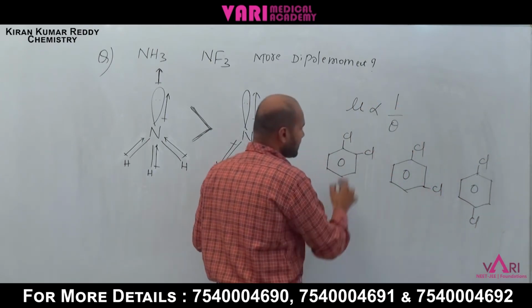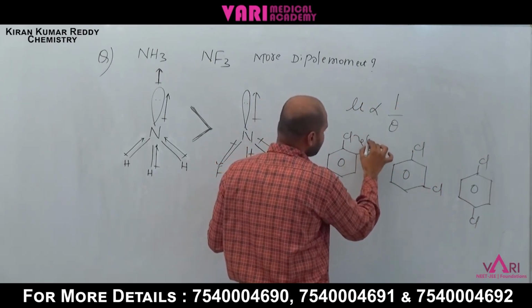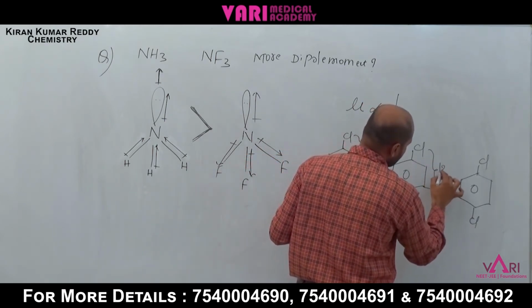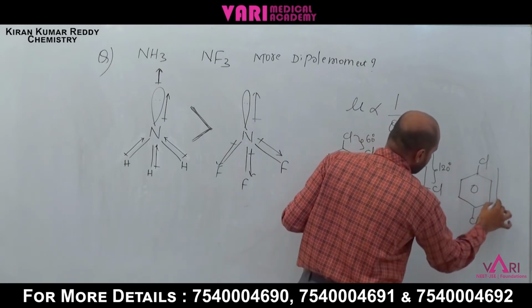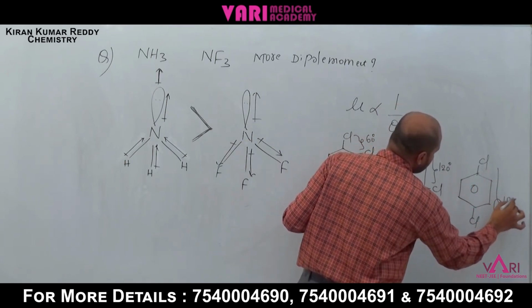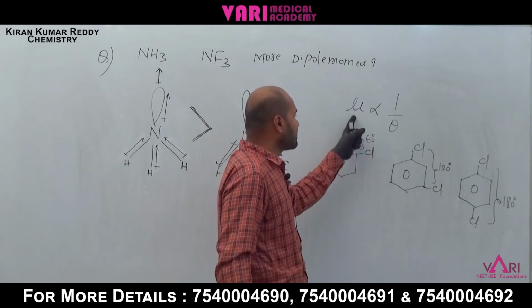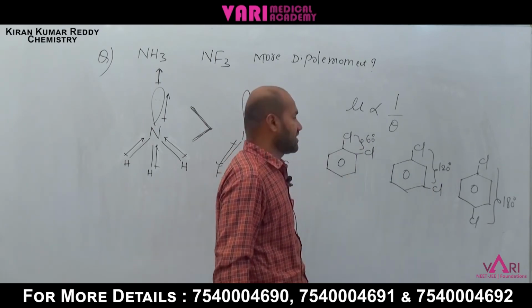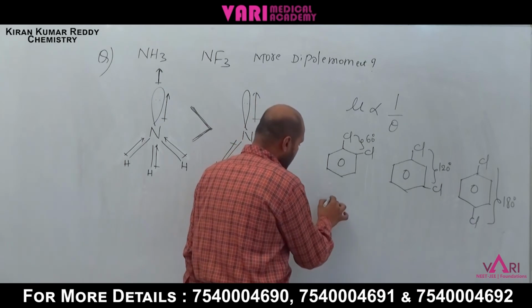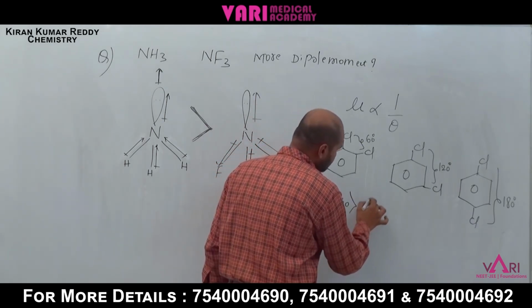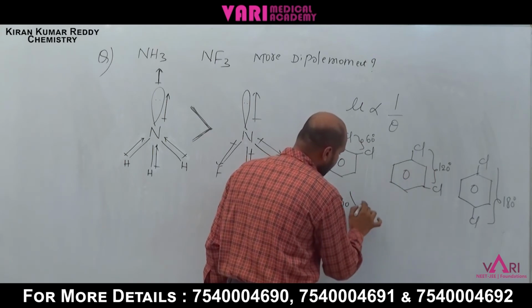What is the angle present? This angle is 60 degrees, this angle is 120 degrees, and this angle is 180 degrees. Now theta increases means angle increases means dipole moment decreases.